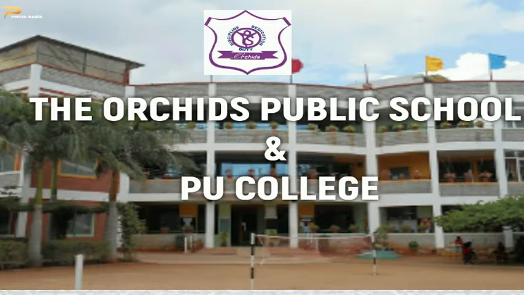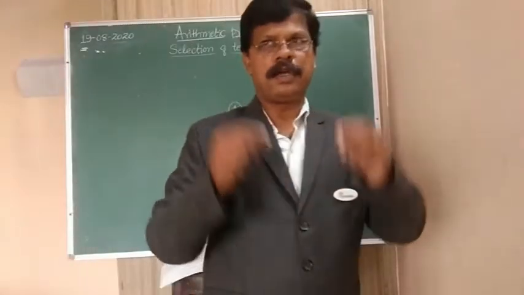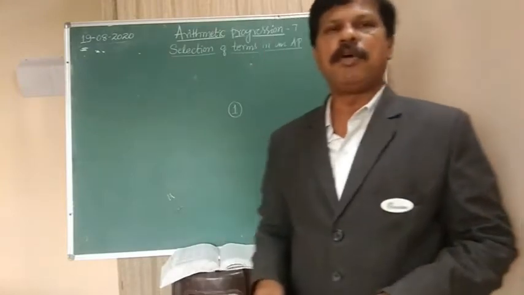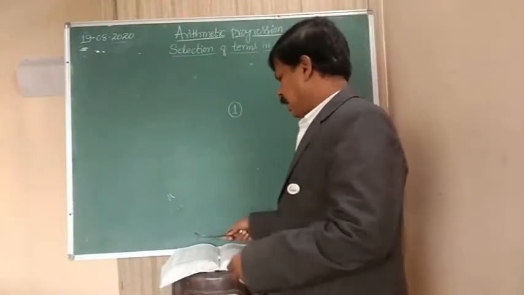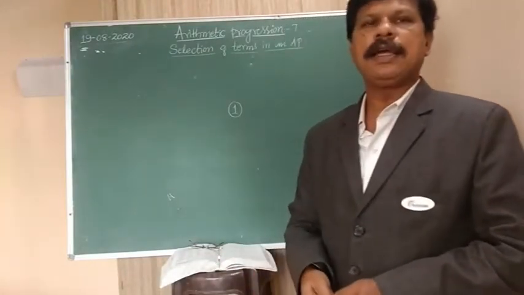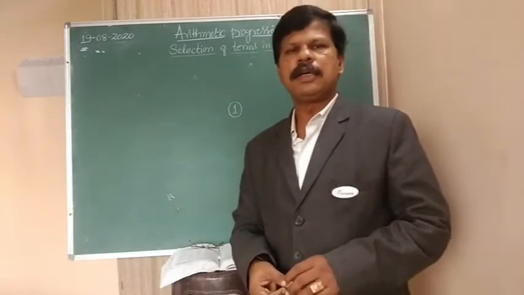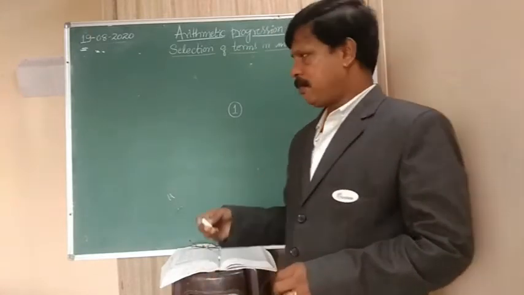Today, I am continuing the arithmetic progression, session 7, selection of terms in an AP. In the previous section, we solved so many problems related to the nth term of an AP.